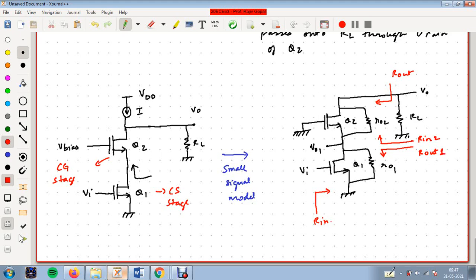A lot of ones and twos here, try not to get confused, right?